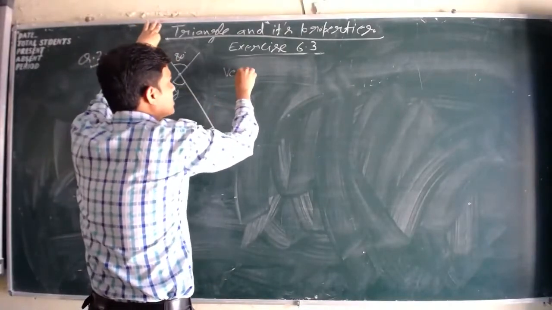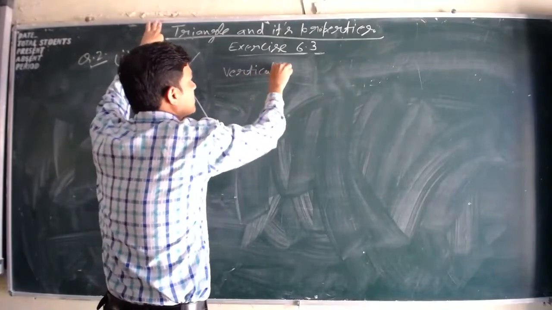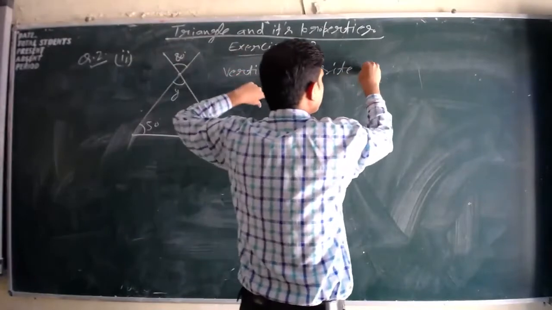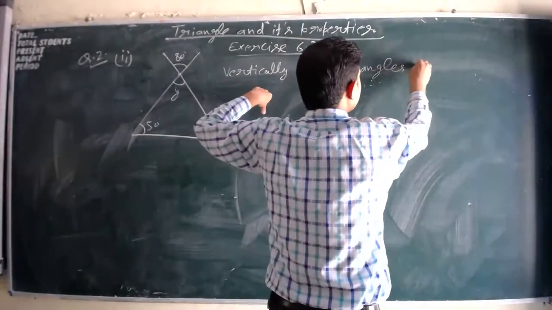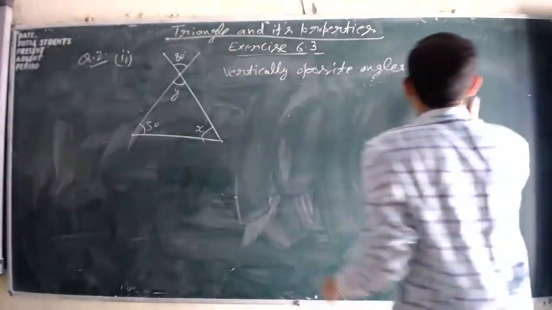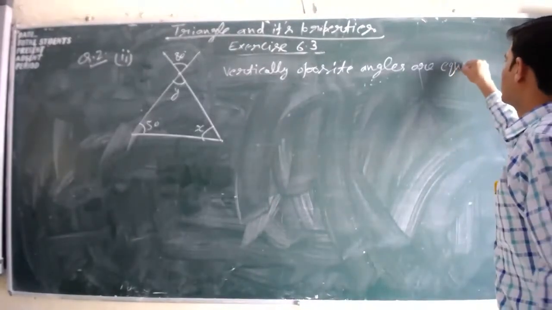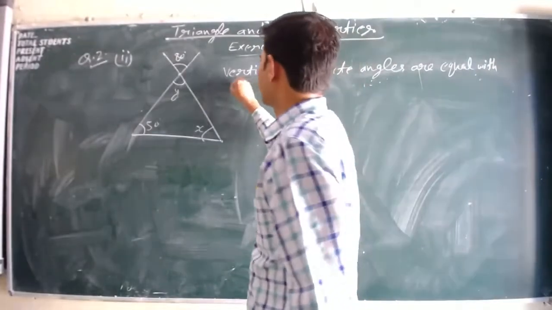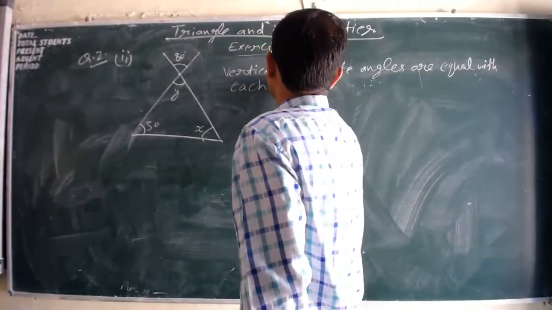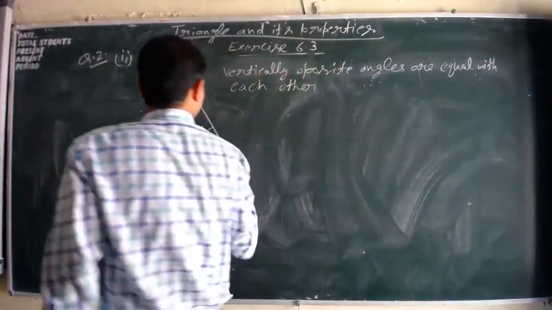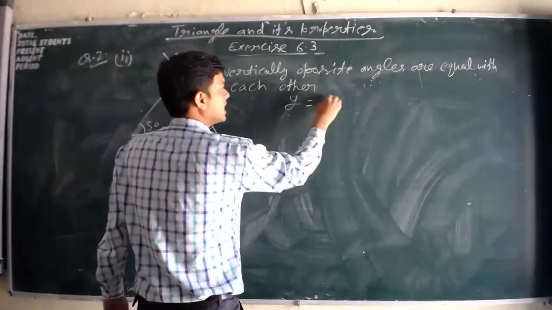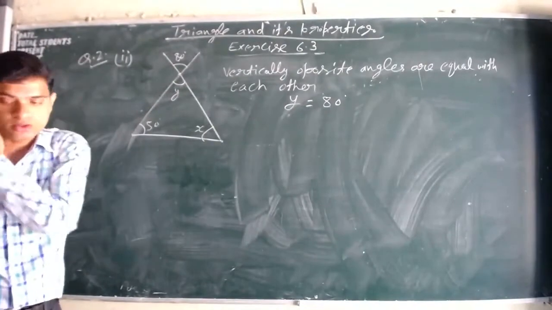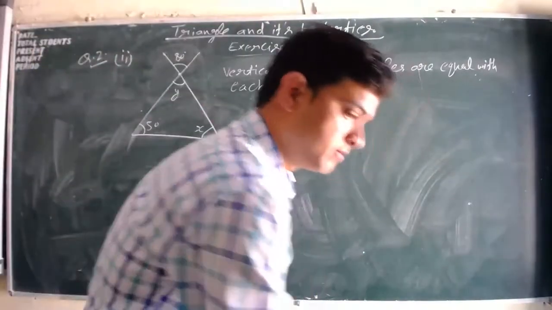We know that vertically opposite angles are equal with each other. Clear? So y is equal to 80 degrees.